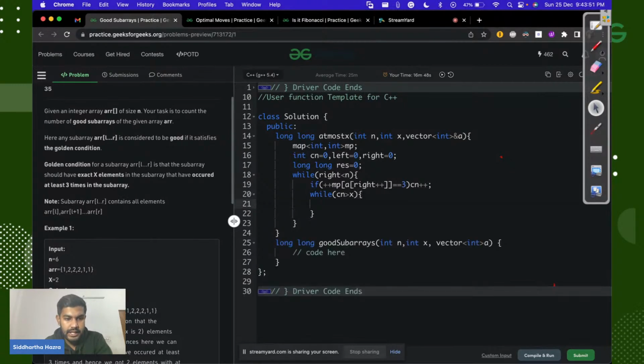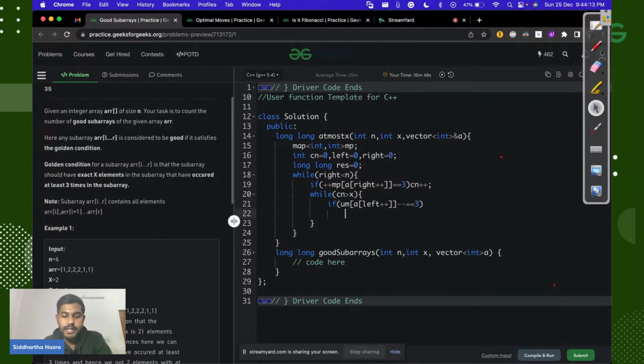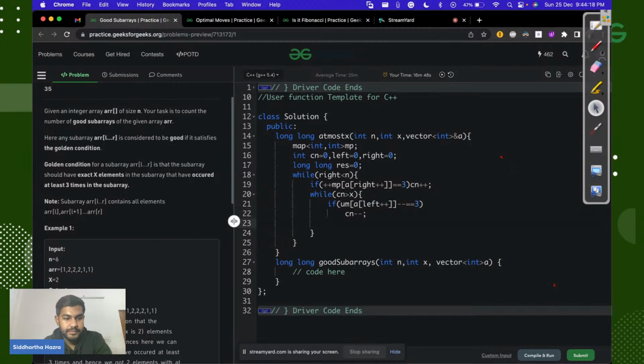So what I would say is that if the count of a of left, after decrementing it, is equal to 3, then cn minus minus, and count minus.